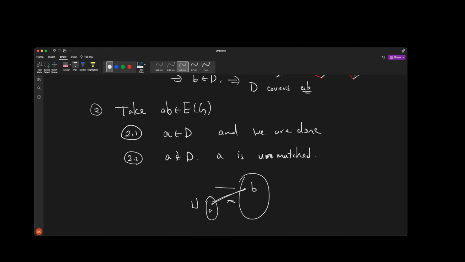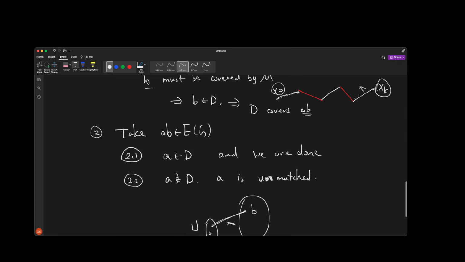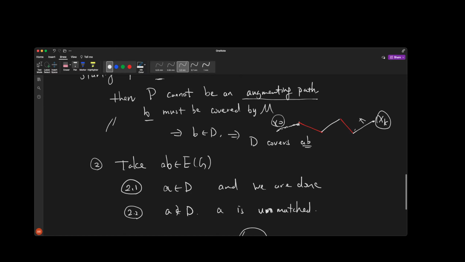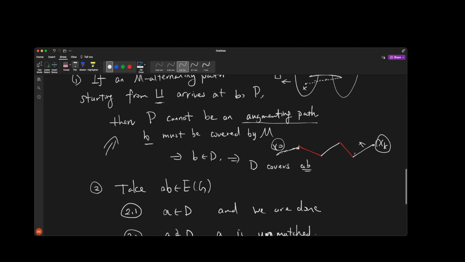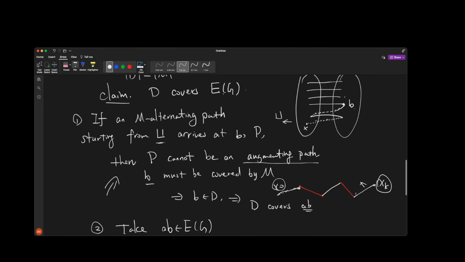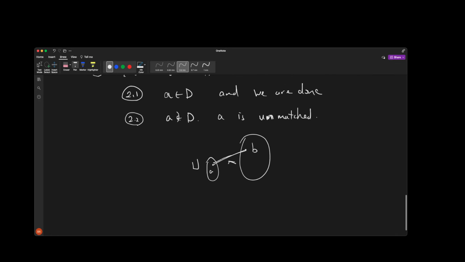B must be covered by M, because otherwise, if B is also unmatched, then we can add this AB edge into the matching, such that we obtain a larger matching. This is actually part of this argument of case 1, because one edge exactly is an alternating path starting from a vertex from U. So it's not possible.